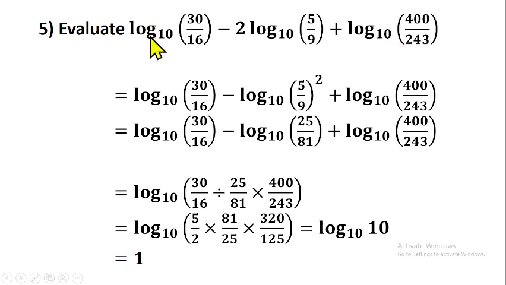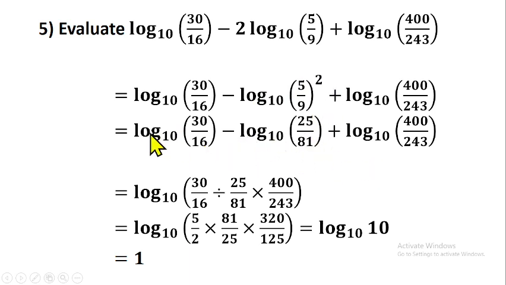This is also a question we can simplify using the laws of logarithm. Something can be done to this one: this 2 can go to the power of this, so we have 5 over 9 squared. This 2 will affect 5 and 9. Since this is a power, we have 5 squared over 9 squared, which gives us 25 over 81.